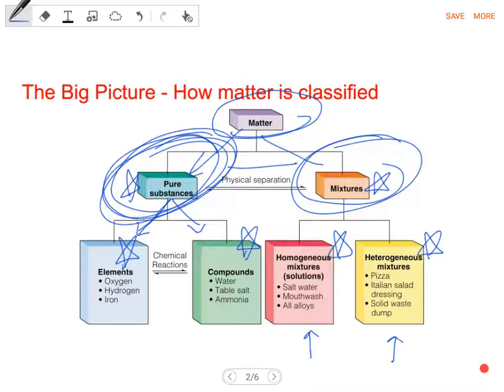You want to know that pure substances flow into elements and compounds, and how mixtures separate into homogeneous and heterogeneous mixtures. And you should be able to give examples of all of those. Of course, this material has been covered before. You can find it in your textbook. And as I said, that'll wrap up this lesson, but please be familiar with this system.